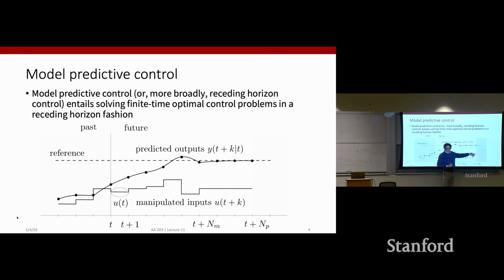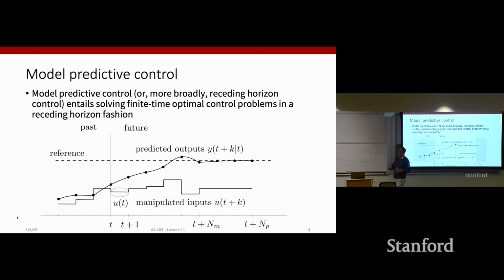Not always, because you can always use this information to inform the solution at the next step. But in its simplest vanilla form, you put everything into the trash. There are some nuances, for example, you may want to compute your optimal control sequences up until a horizon t plus Nm, but keep your predictions going a little bit farther. So there are a lot of variations on the theme.